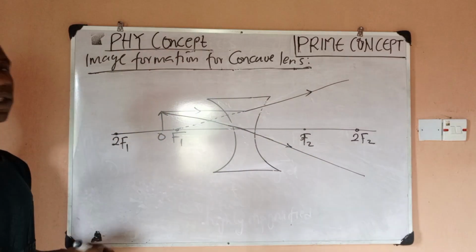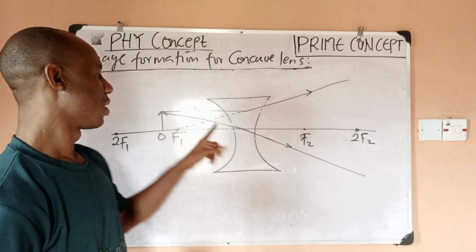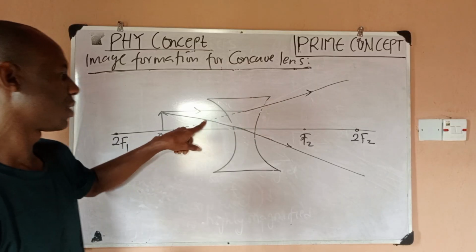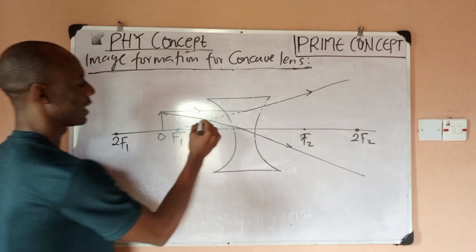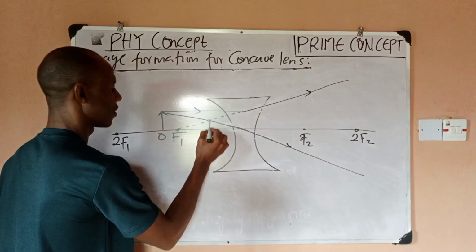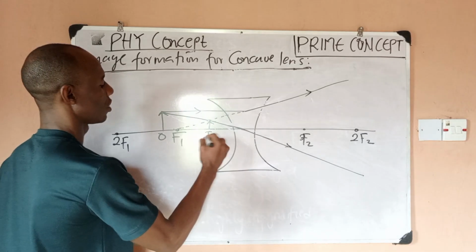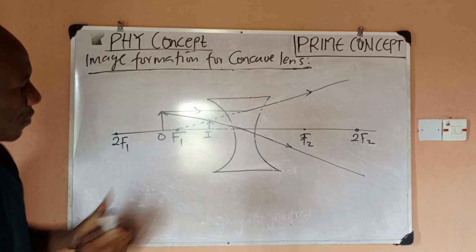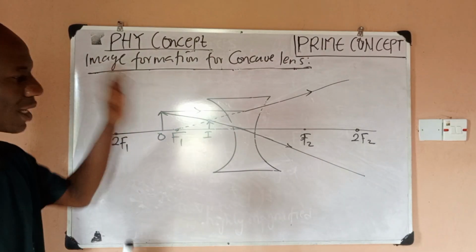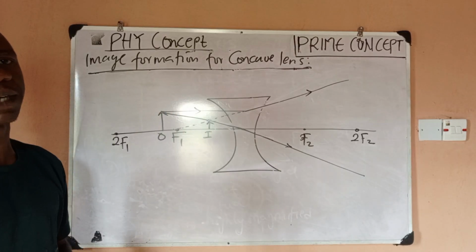So if you consider the point of intersection of your refracted rays, you see that this is where both of them are intersecting. And of course, this is where your image, I, will be formed.